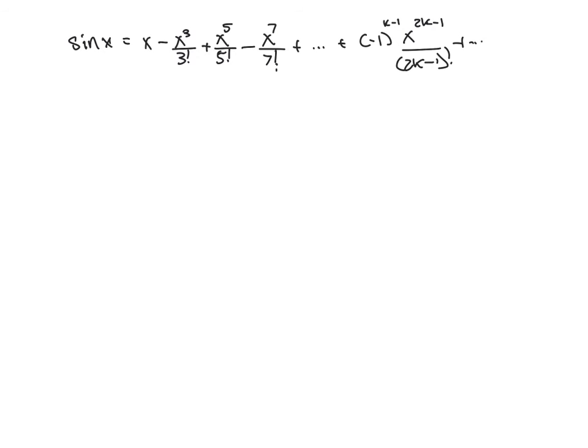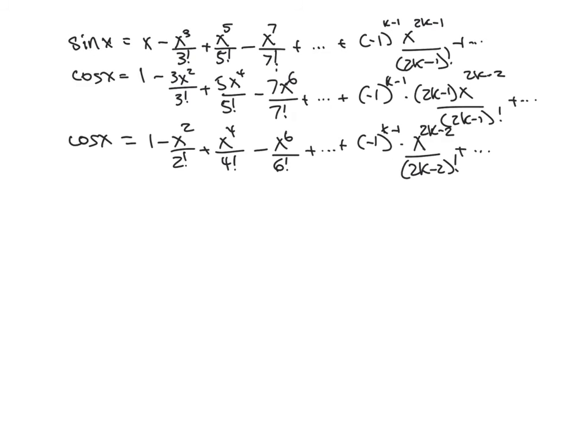Getting a formula for cosine of x, we could just start from scratch and figure out the first, second, third, fourth derivatives and use the Taylor formula. Or more easily, we can just differentiate the formula for sine of x. So you see the pattern sort of continues.